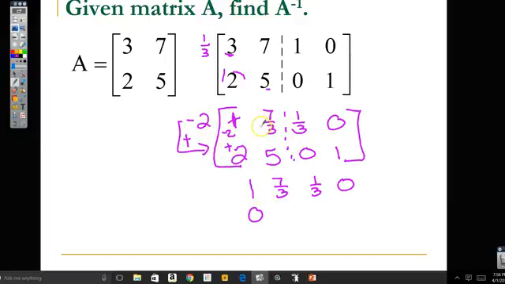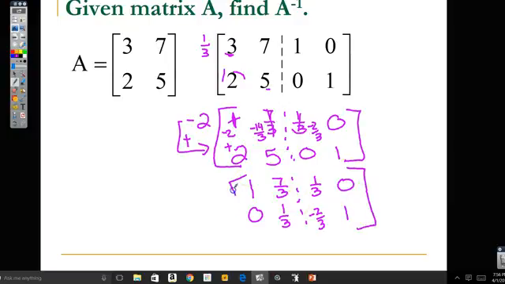Negative 2 times 7 over 3 is negative 14 over 3, plus 5 is 1/3. Negative 2 times 1/3 is negative 2/3, plus 0 is negative 2/3. And negative 2 times 0 is 0, plus 1 is 1.